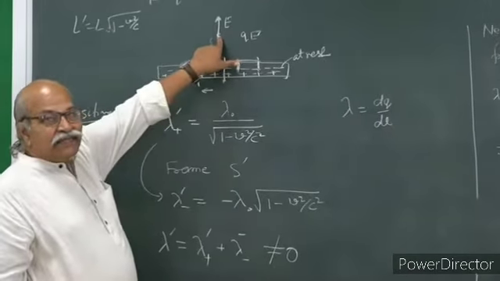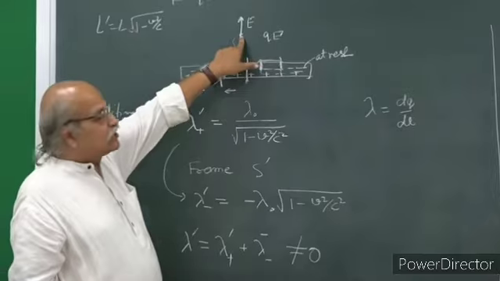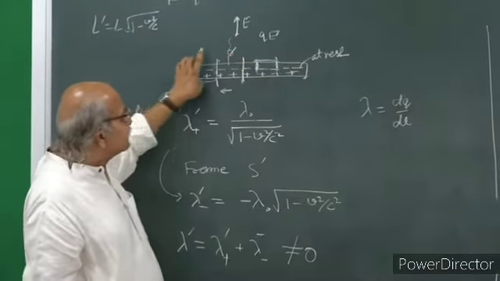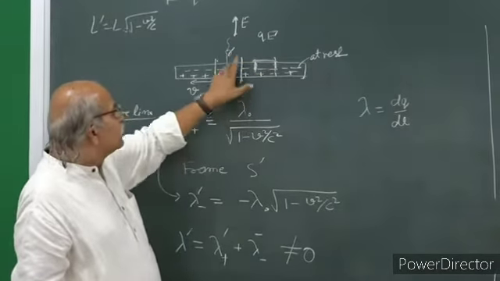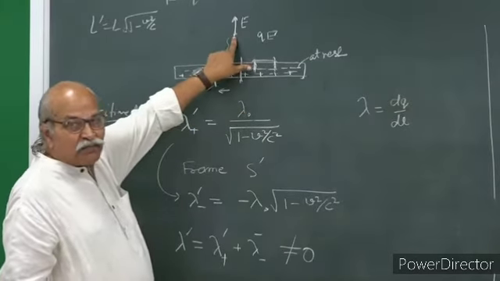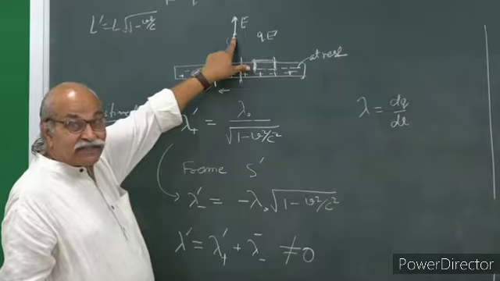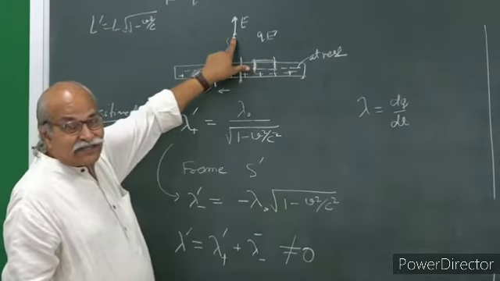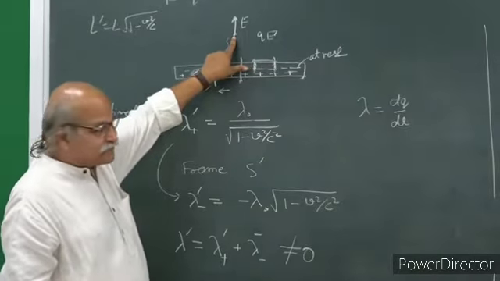what will be the electric field? This positive linear charge density will create an electric field everywhere. So, how much is the electric field here at the position of this charge, which is now at rest in the trolley frame?